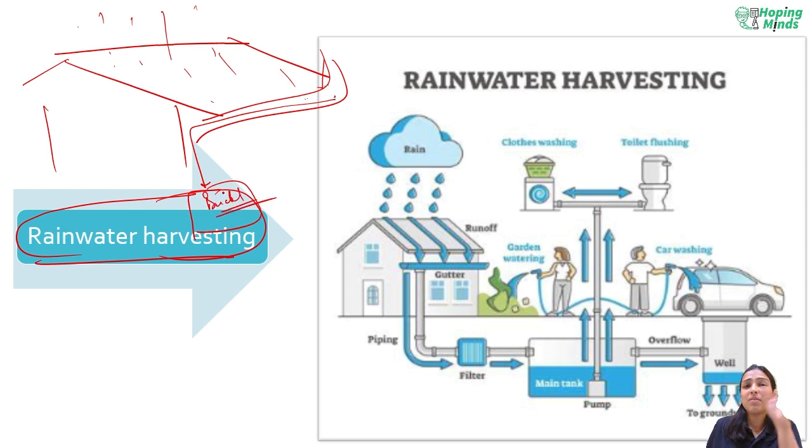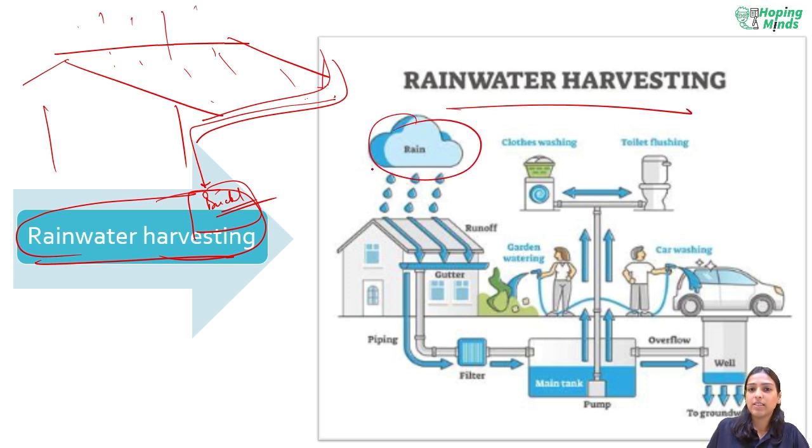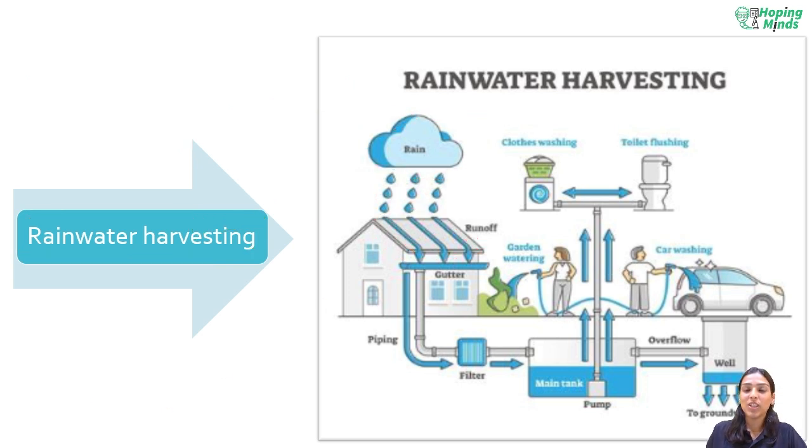Something as ancient and old as this. It's not a new thing. Rainwater harvesting. The rain is falling. It's having a runoff. These slopes in today's modern architecture are very much missing because it doesn't suit the aesthetic. So we need to go back to certain old infrastructural techniques which were so ecologically sound.